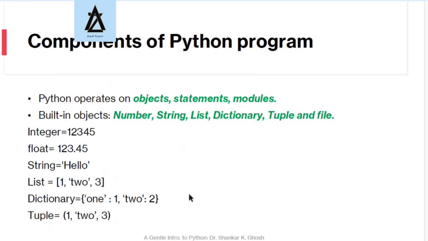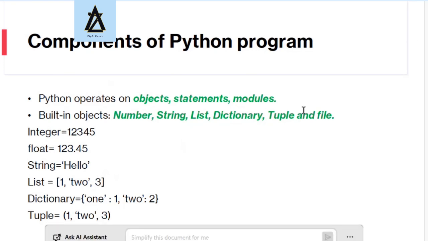Dictionary is basically to store some one-to-one mapping, and tuple is very similar to list, but you can modify a list at runtime, but you cannot modify a tuple at runtime. So tuple is very similar to const. Those who know the C programming language know there is a feature, namely const, C-O-N-S-T.